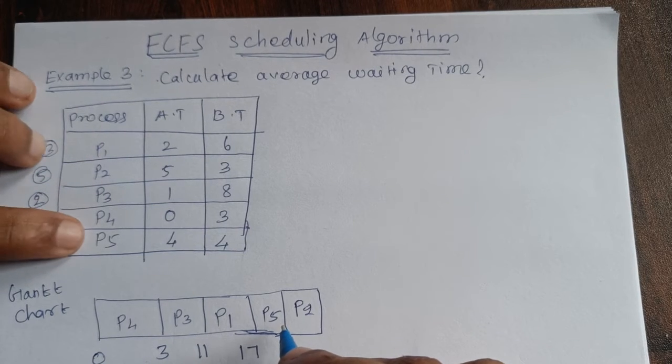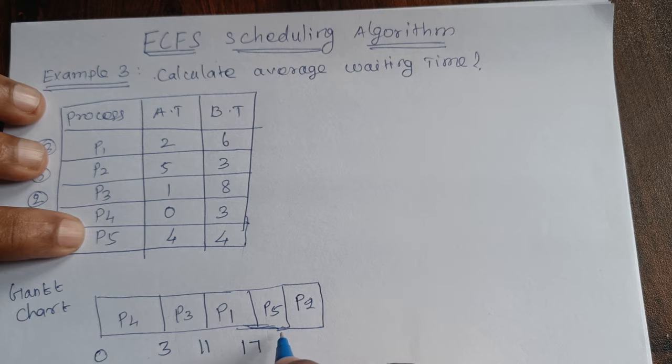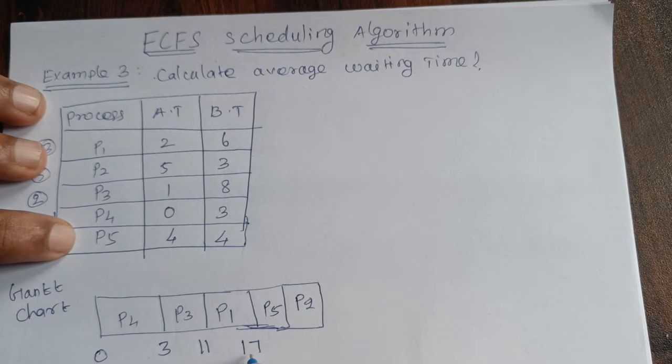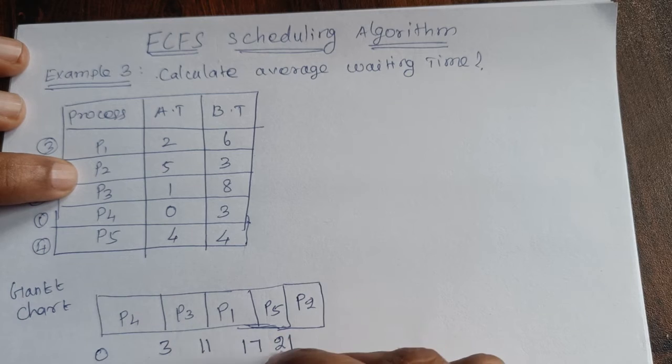The next process is P5, whose burst time is 4. Already P1 completed at 17, so 17 plus 4 is 21. For P2, the burst time is 3, so 21 plus 3 is 24.